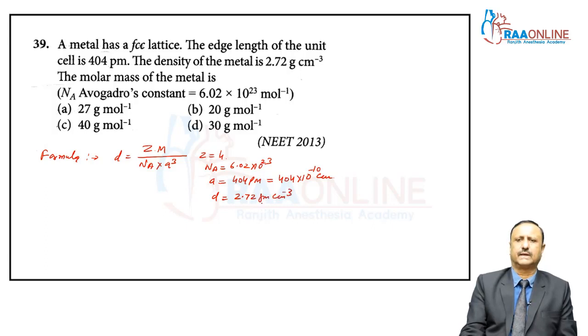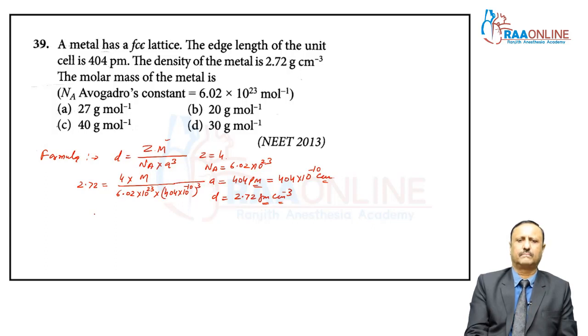So, my dear students, you convert the picometer into centimeter, because the density is given per cubic centimeter. Now we put these values and get M. For d you put 2.72, equal to Z which is 4, into M, which is to be calculated, upon Na, 6.02 into 10 to the power 23, into a cube, 404 into 10 to the power minus 10 whole cube.